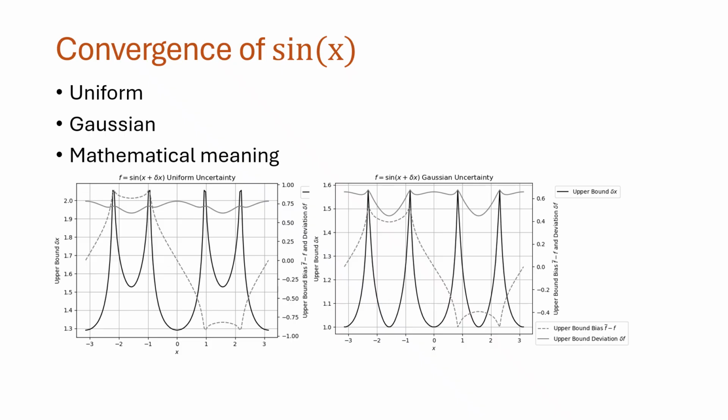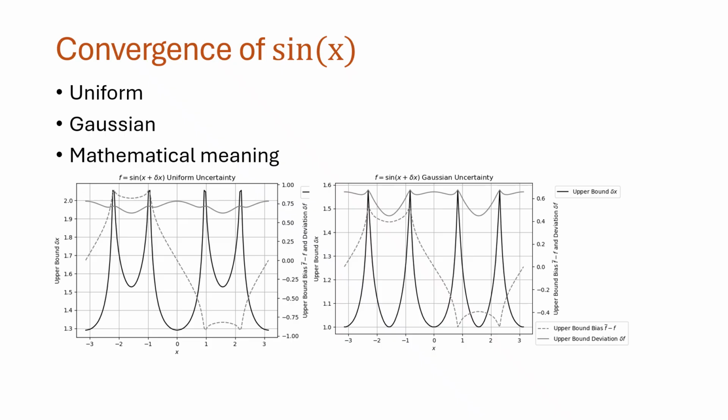What does that mean? That means for a periodic function like sine, your input bound for the uncertainty cannot be too much larger than the period, pi. Otherwise, the thing doesn't make sense, right? The result could be anything.